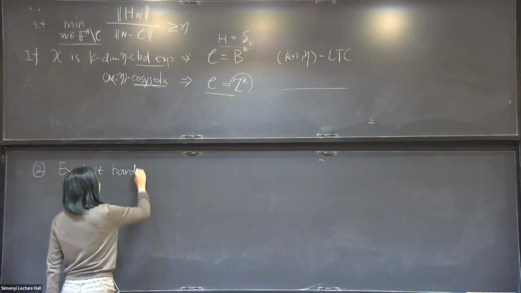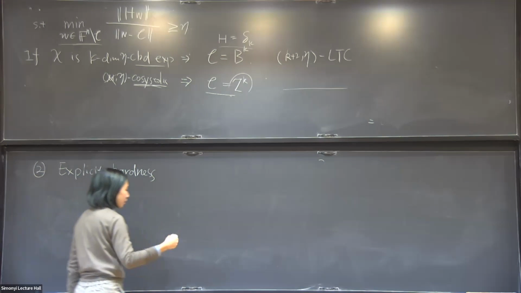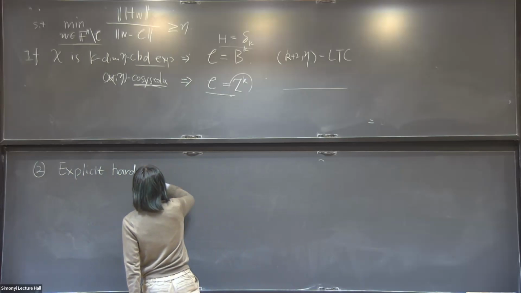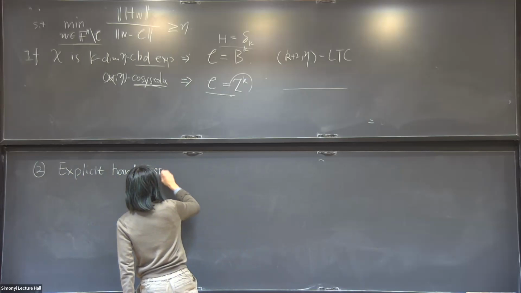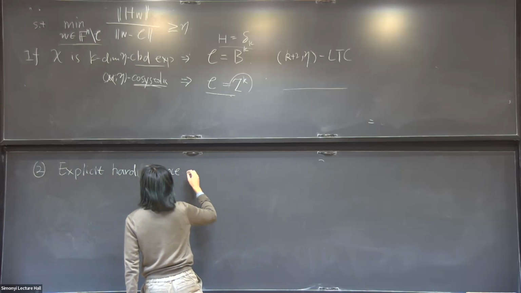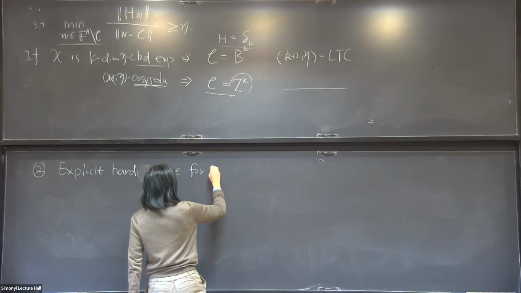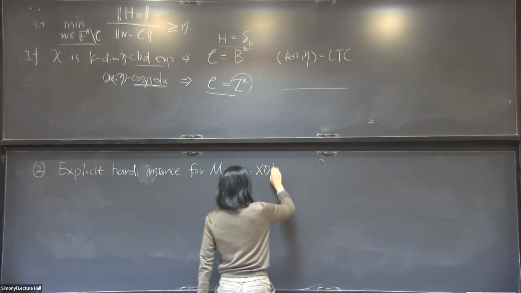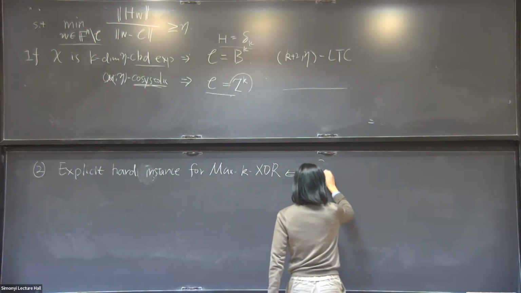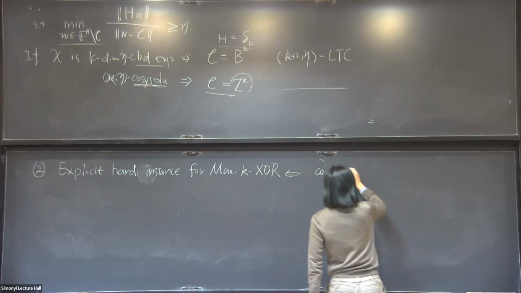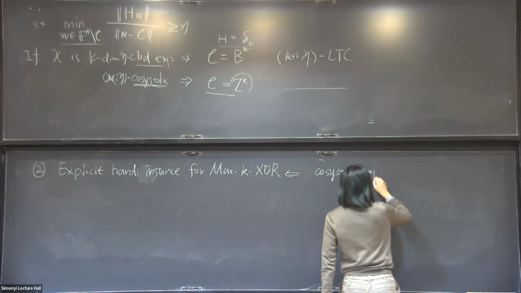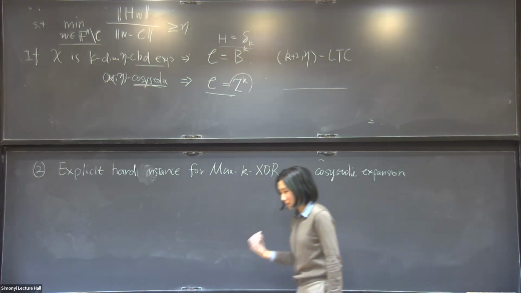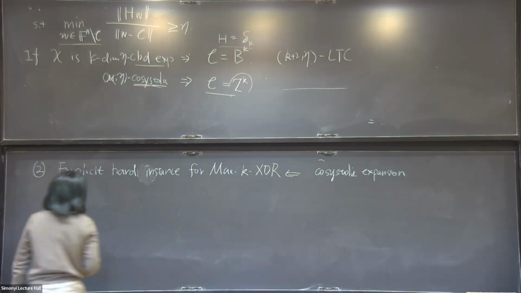But at least I can talk about the construction of these hard instances for maximum KXOR. This is actually an application for cosystolic expansion, not coboundary. Actually, you would need Z^k not equal to B^k for this.